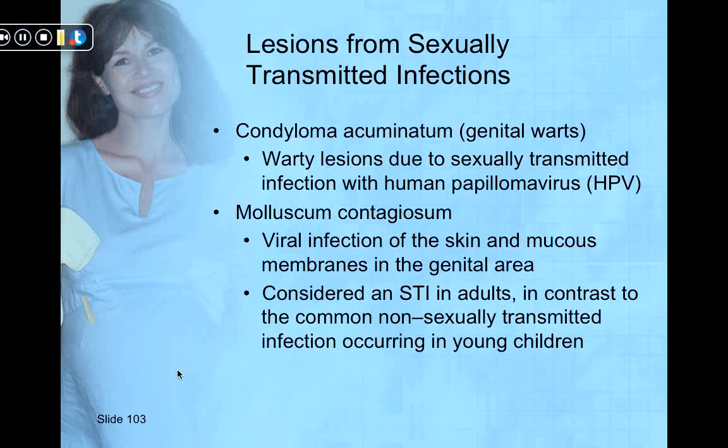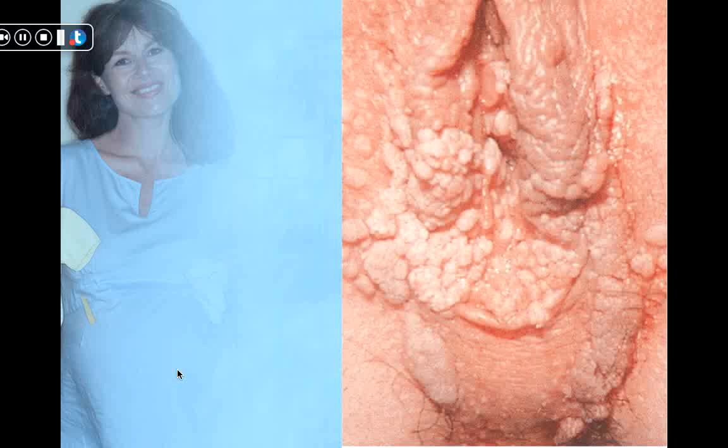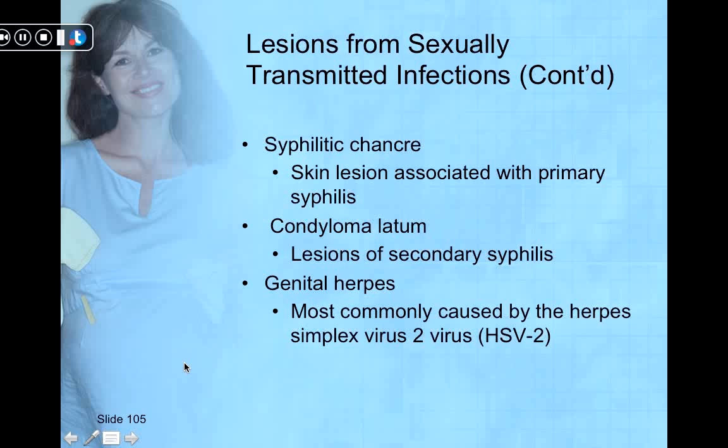These are flesh-colored papules, usually about 2 to 4 millimeters in diameter, and they usually have an umbilicated center, and that's how you can kind of tell, that's their characteristic feature of molluscum. Considered as an STI in adults, in contrast to the non-sexually transmitted infection that commonly occurs in children and other places. So this is genital warts, you can see.